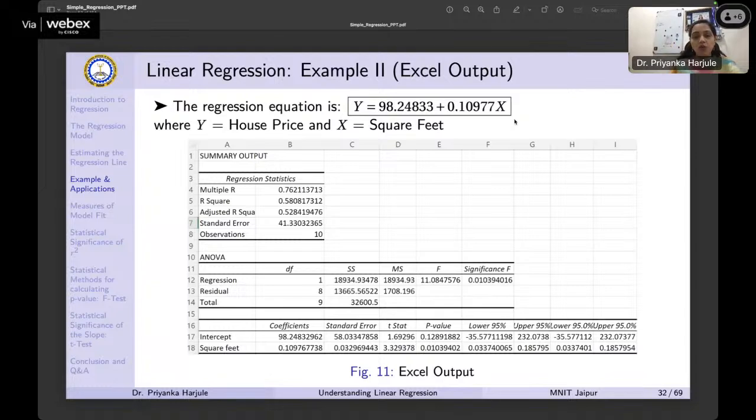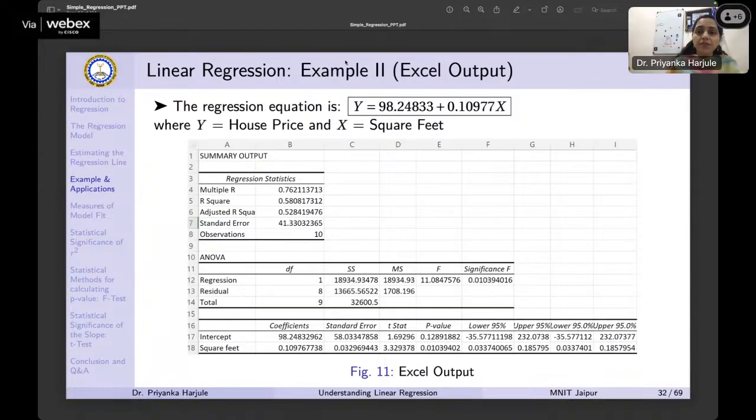Okay, so what that is, I will come to it in short time. So overall model is also statistically significant. Why? Because your F value is 11.08 with a P value very less, 0.01. So I will come to it a little later. And this square foot is also a statistically significant predictor.